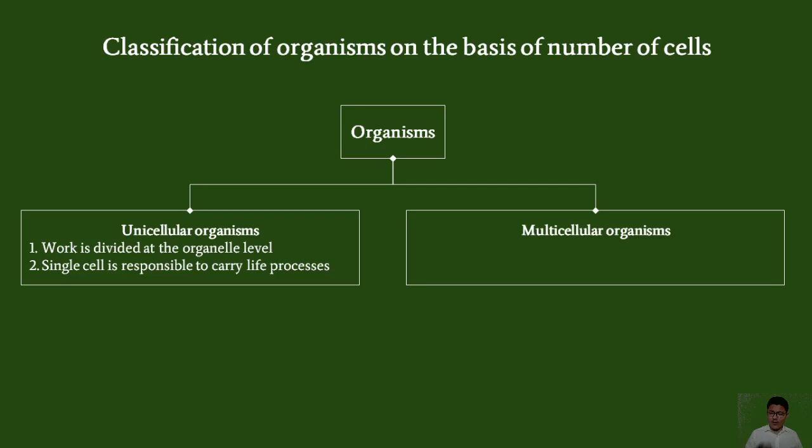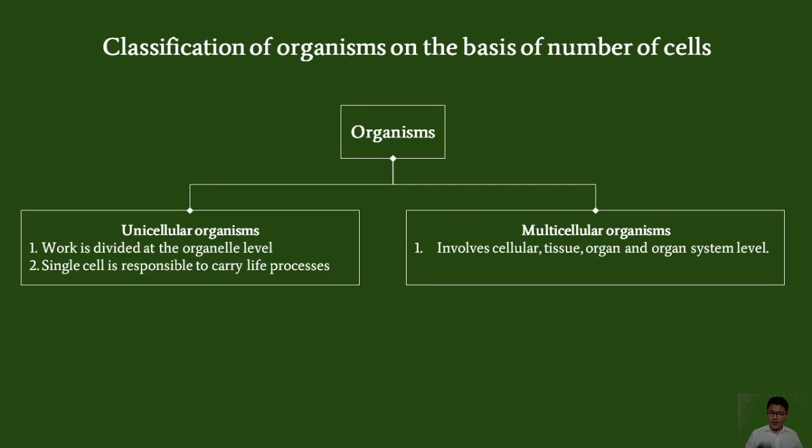In case of multicellular organisms, our body has a number of cells, many different cells having similar function and similar structures grouped together to form tissue. Tissue will organize to form organ. Organs will come together to form organ system.